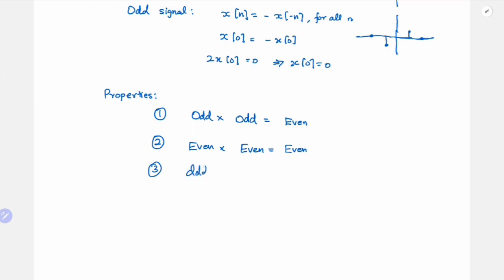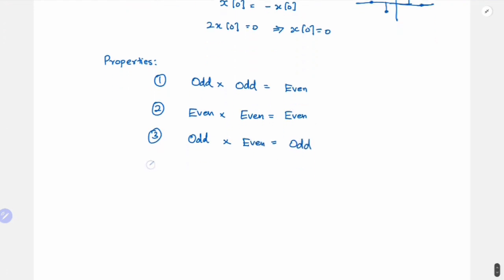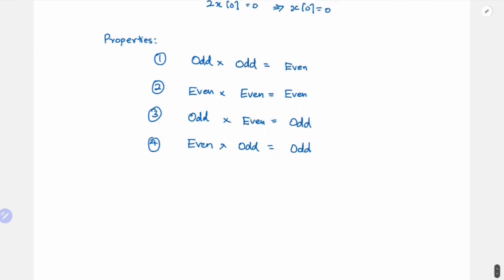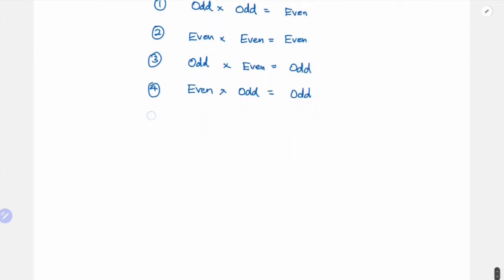And odd times even will be odd because there is only one negative sign. Similarly, even times odd will also be odd. So this is just like multiplication of two signals, where each can be either odd or even. The four possibilities.